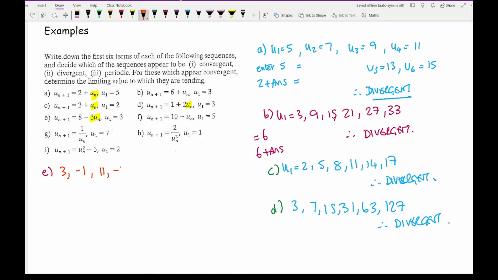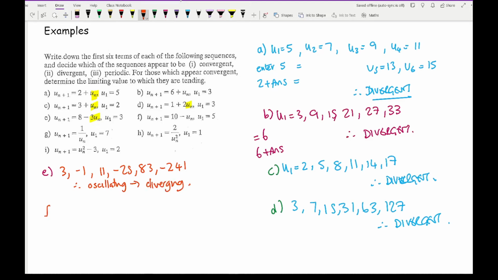The next one is minus 25, then it's 83, and then minus 241. And again, this is going to be oscillating because obviously it's getting bigger, smaller, bigger, smaller. So it's oscillating to the point where it is diverging.